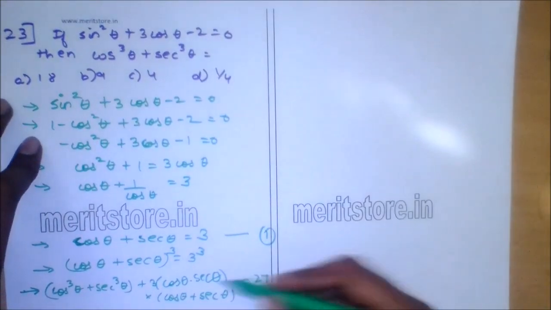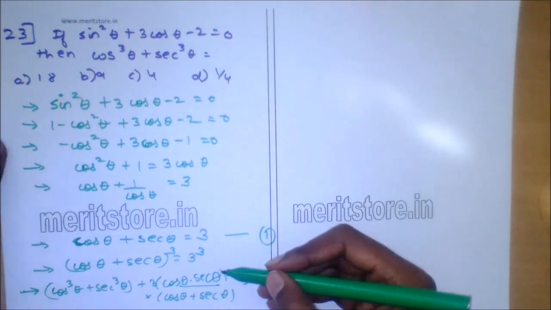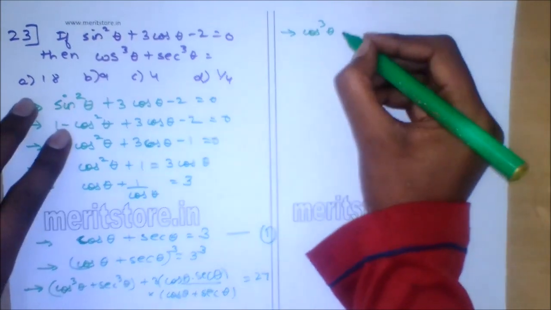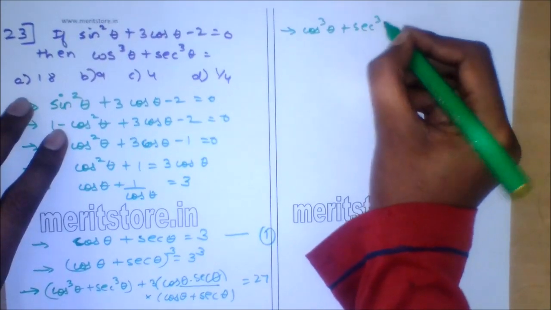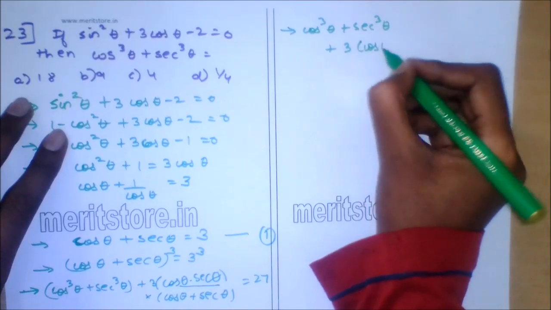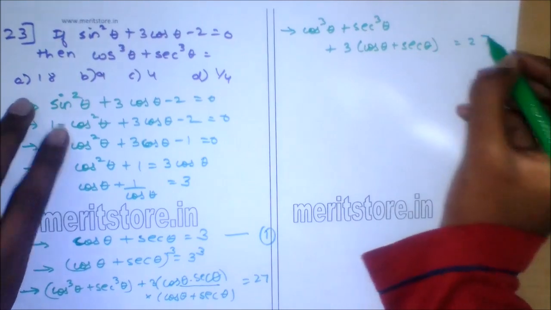Now cos theta into sec theta, this term is 1 because they are reciprocals. So cos cube theta plus sec cube theta plus 3 into cos theta plus sec theta is 27.